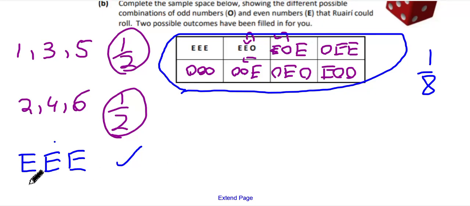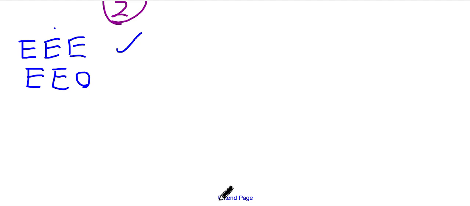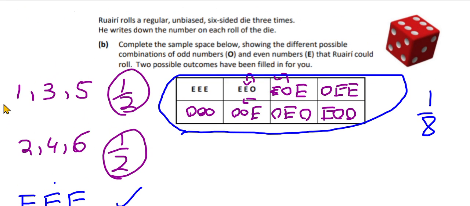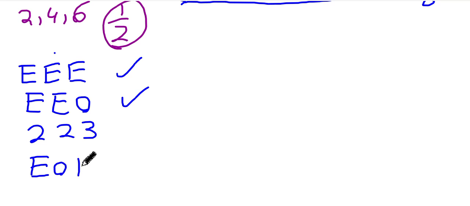So, what we want is even, even, even. Now, what about even, even, odd? 2 multiplied by 2 multiplied by 3. Is that even? 4 multiplied by 3? 12. I'll take even, even, odd. What about even, odd, even? 2 multiplied by 3 multiplied by 2?